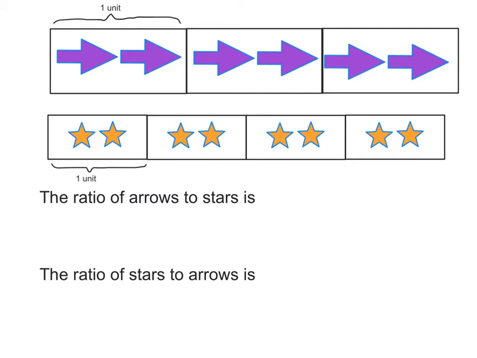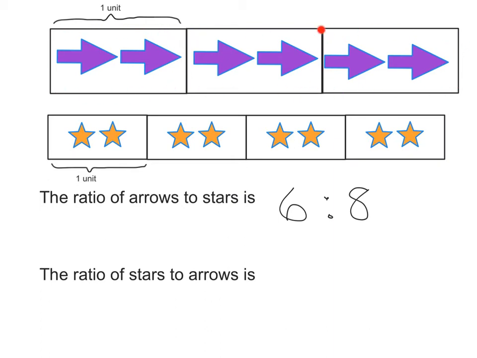In the first question, arrows to stars, you probably wrote 2, 4, 6 to 2, 4, 6, 8. That would be correct in one sense, but we usually write our ratios in lowest terms. You can see that we made each group split into groups of 2.